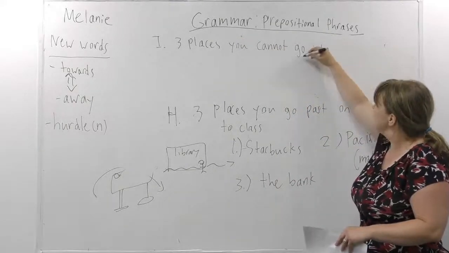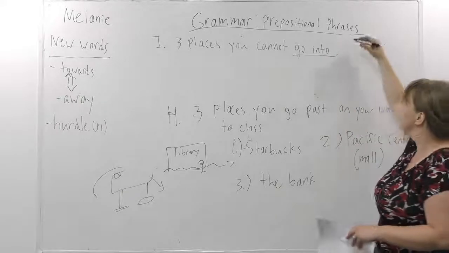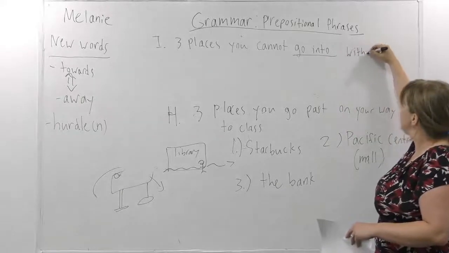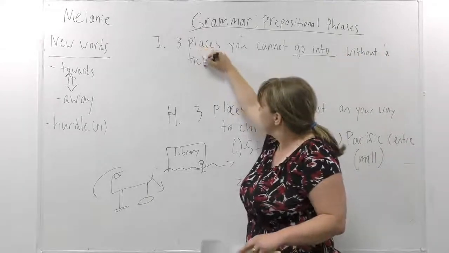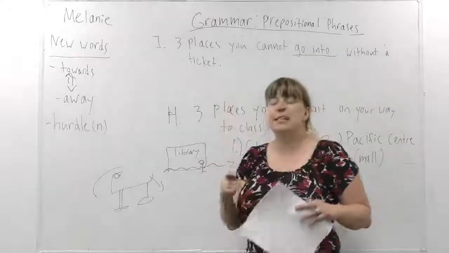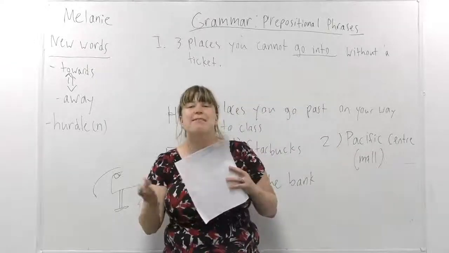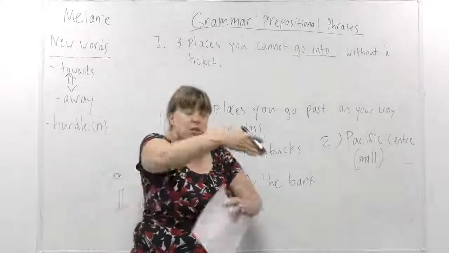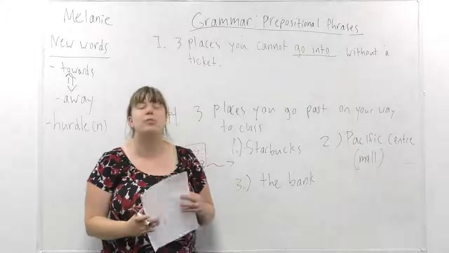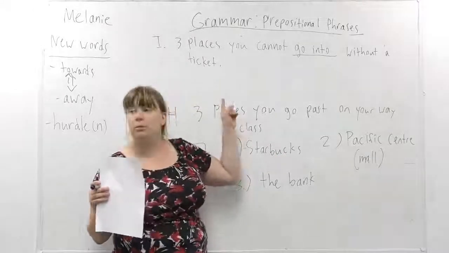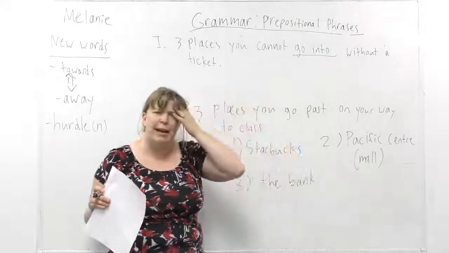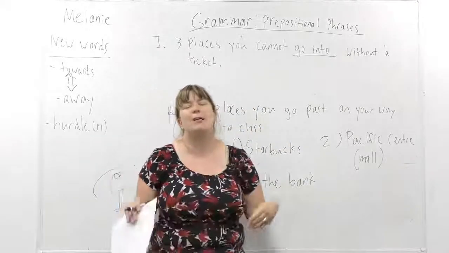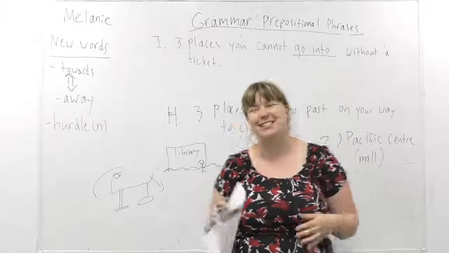This is similar to in, without a ticket. Think of these as buildings or events. You cannot go inside. You cannot go into the events. So anyone have an idea? Basically, where can you not go? Like some things that are not free to do.